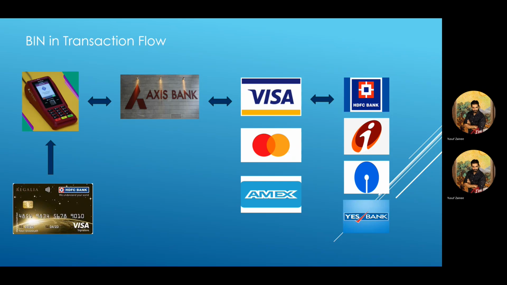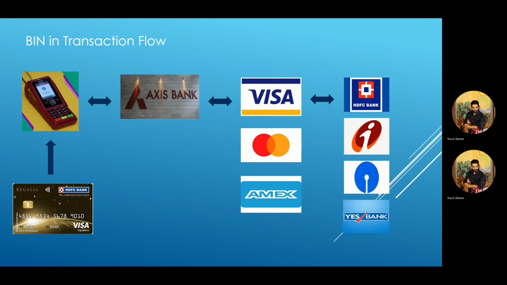Okay, before going to the MII, as soon as the card is swiped and the information is sent to Axis Bank, it uses the bin number to understand that this particular card is not of Axis Bank. Axis Bank knows the bin ranges for the cards that it has issued to its customers.